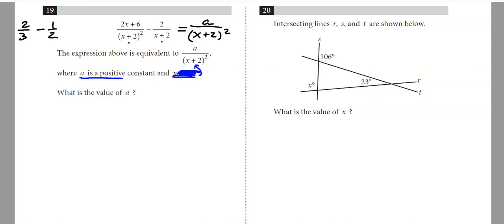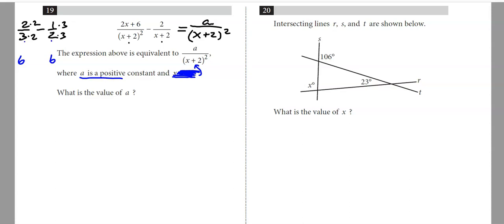I can't do 2/3 minus 1/2 until I get both these bottom numbers to match up. I find a least common denominator, which in this case would be 6. So I can multiply 2 by 3, and if I do it to the bottom, I have to do it to the top, and I would multiply both of these by 2.